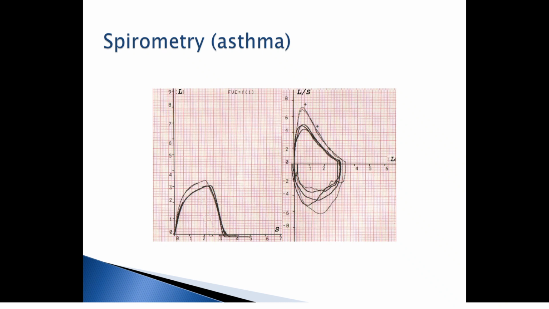If after this the patient's breathing improved significantly, it suggests mostly asthma. The level of significance is 12%. If FEV1, the main value, improves more than 12%, it confirms the diagnosis of asthma.